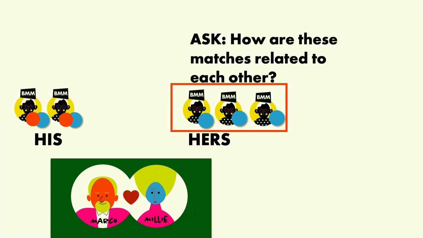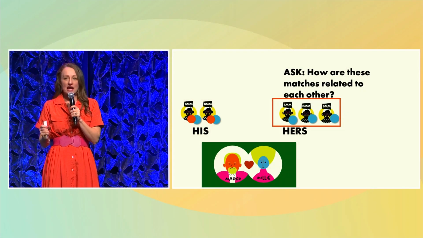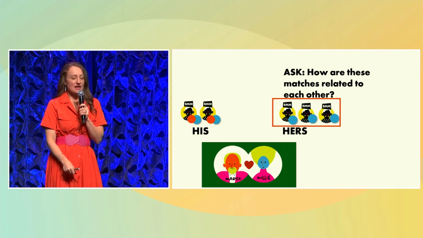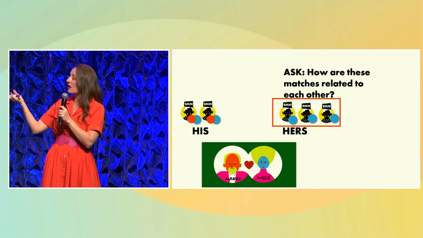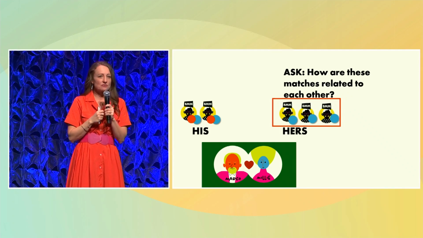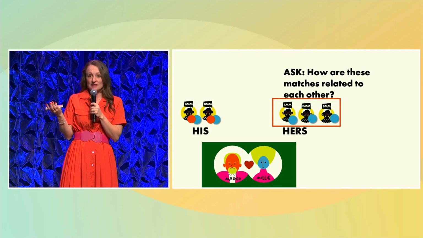So the next step is to dive into these best known matches, these leftovers, and you ask this question: how are these matches related to each other? Again, so often we get this far even, and we start looking through some posted family trees from these matches, and we don't see anything we recognize. And we're like, I don't know.